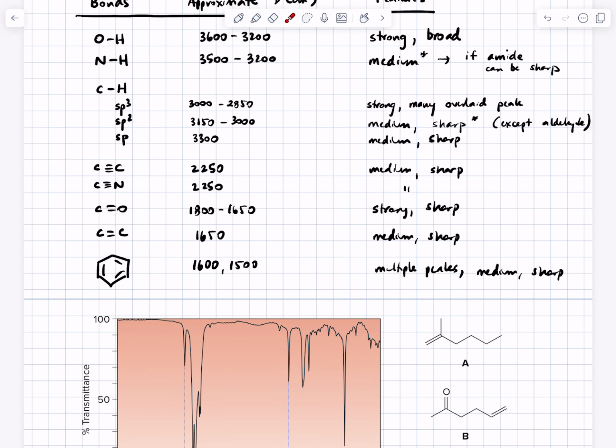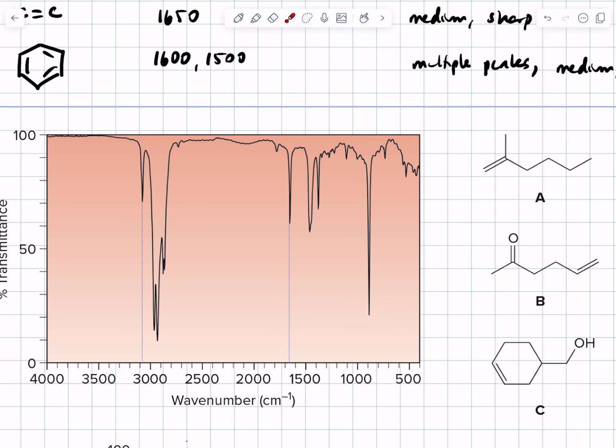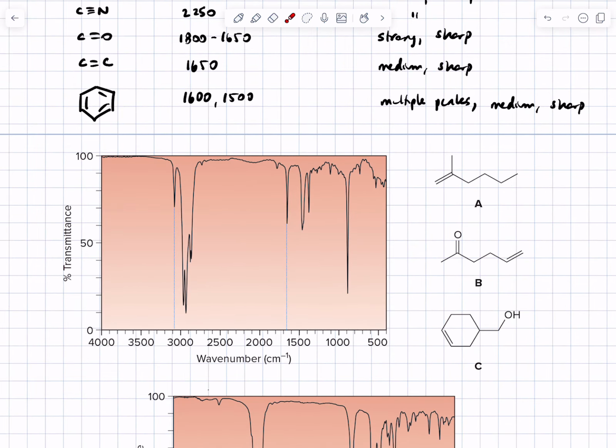I will show you later what an OH peak looks like, but this is not that. The OH peak, if it were there, would take up perhaps this much space. So what we see here is not an OH peak.